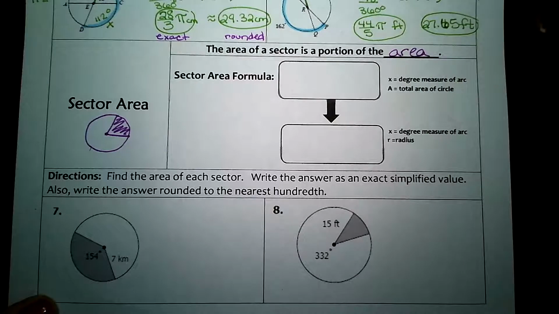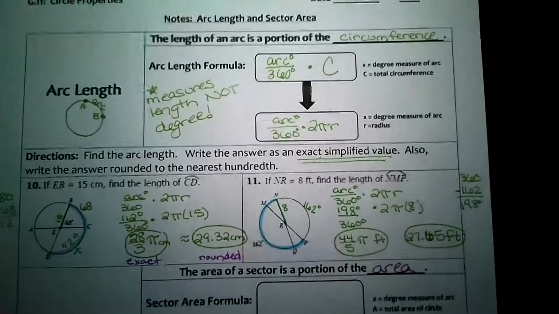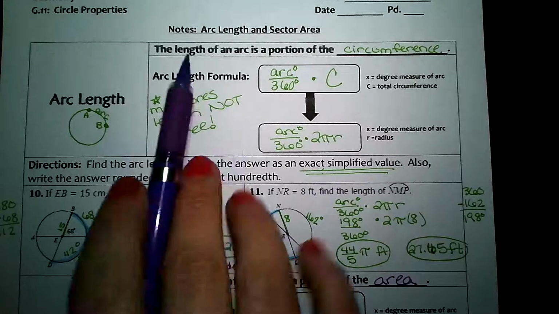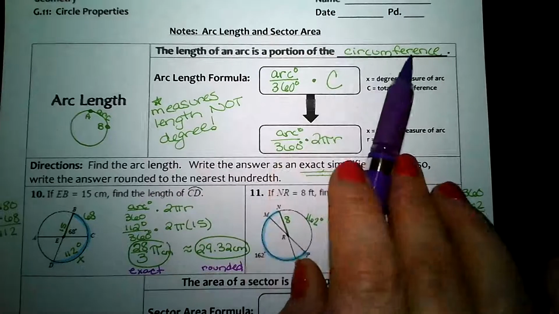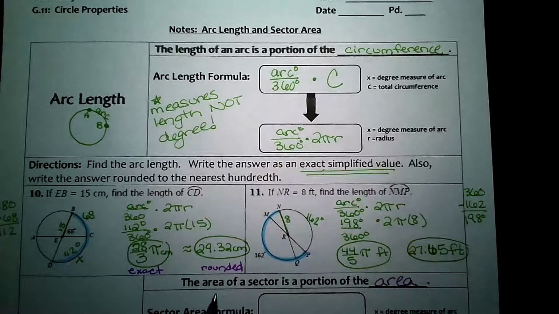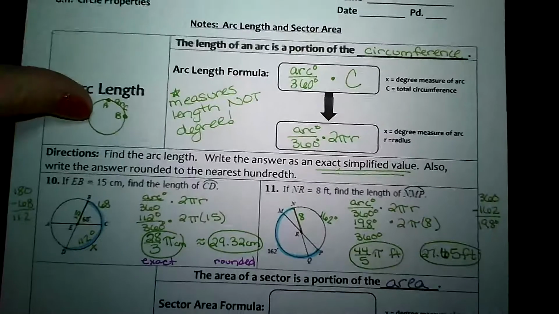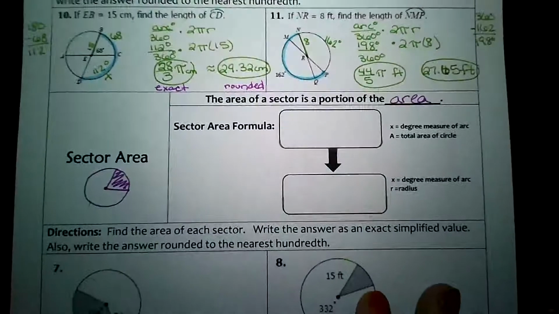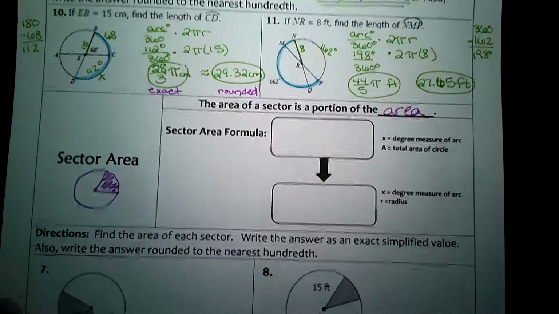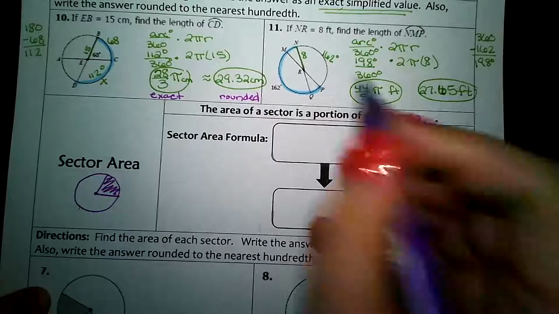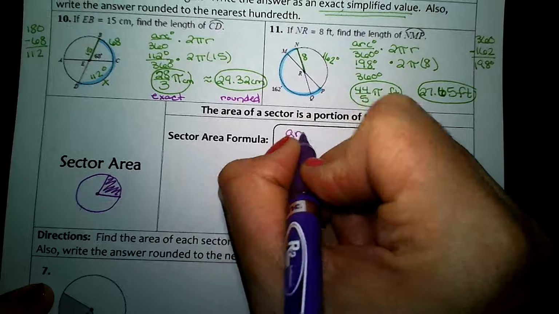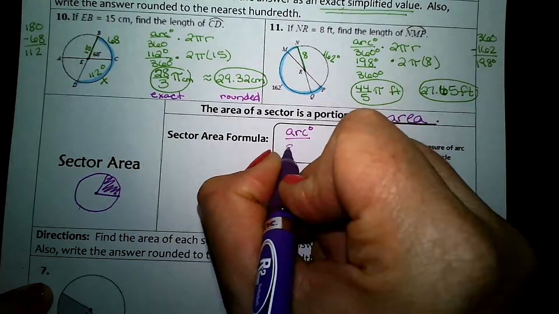So these two formulas, sector area and arc length, are really the same. The length of an arc is a portion of the circumference. The area of a sector is a portion of the total area. Okay, so our formulas are going to be similar. Our portion comes from the arc degree out of 360.